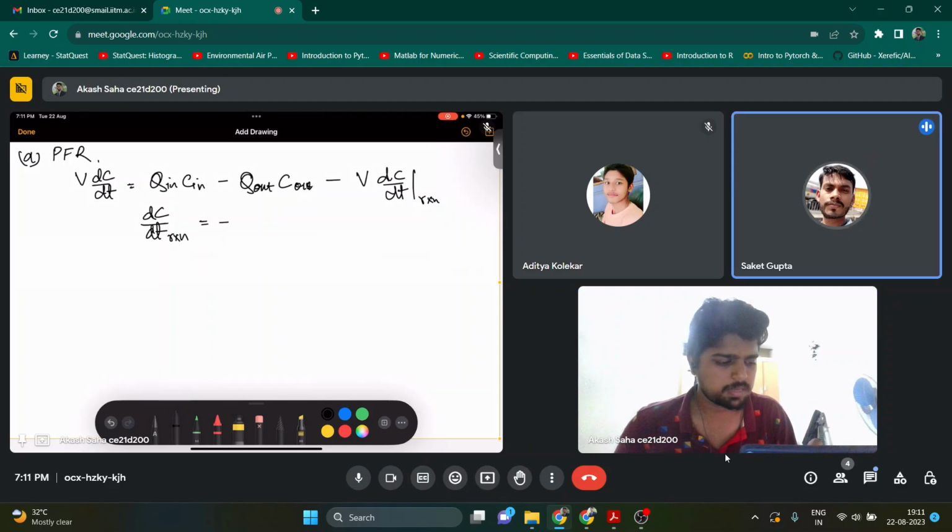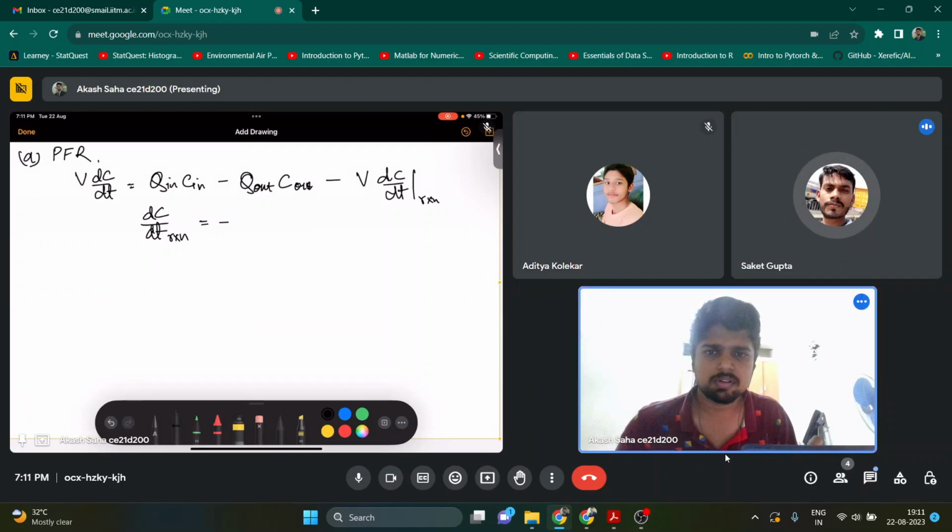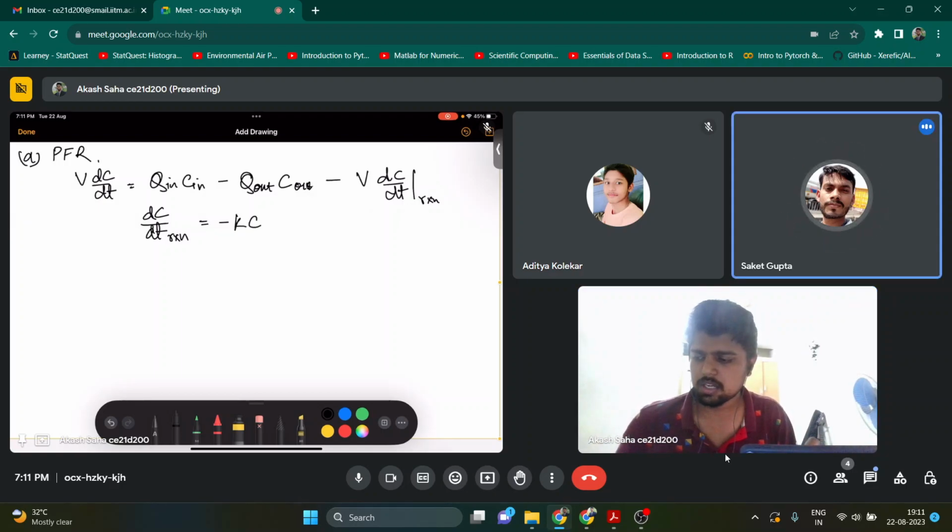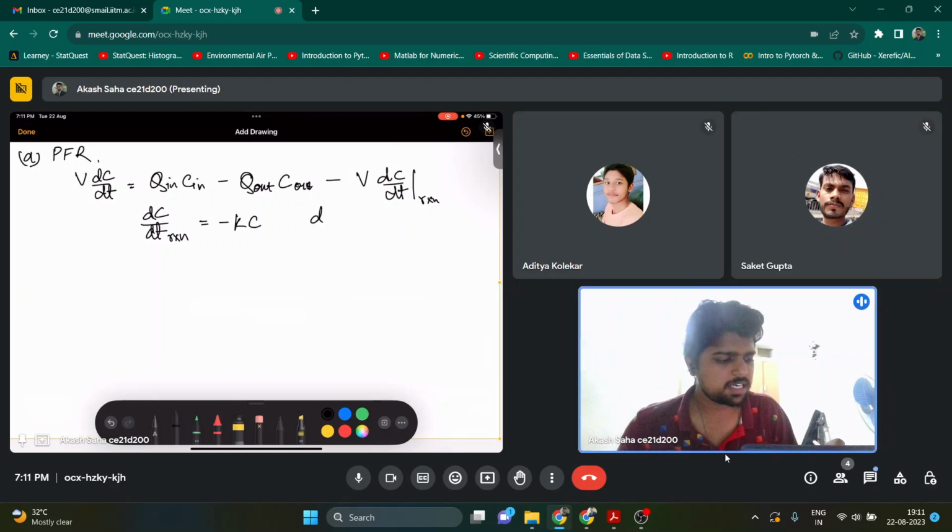Minus KC, right? It will be minus KC. And for steady state, my dC/dt of the whole reactor will be equal to 0 because it is a steady state. So this will become 0. This will be equal to minus KC. Or you can write KC because I have already included the minus sign before.